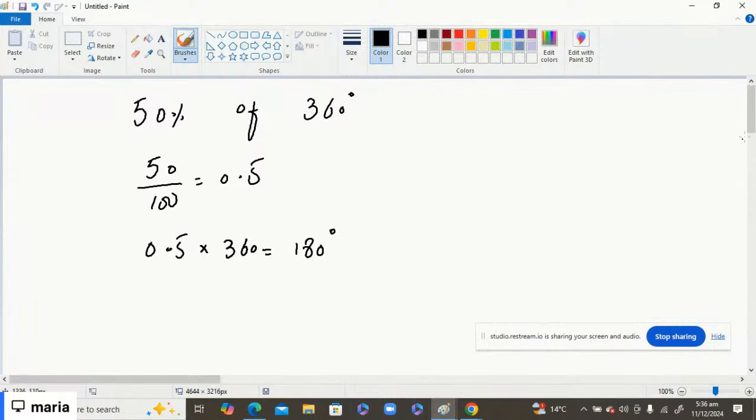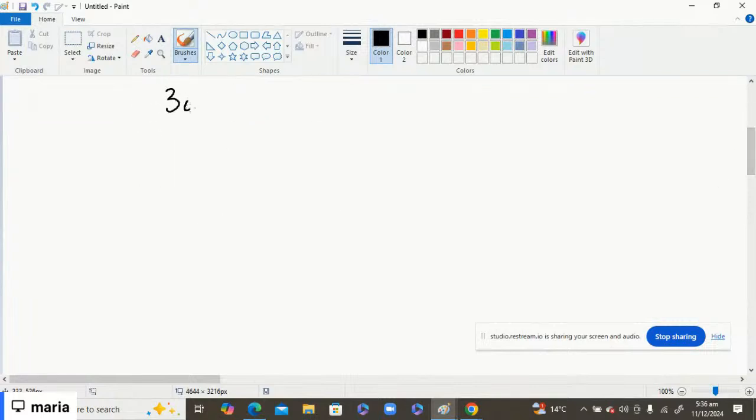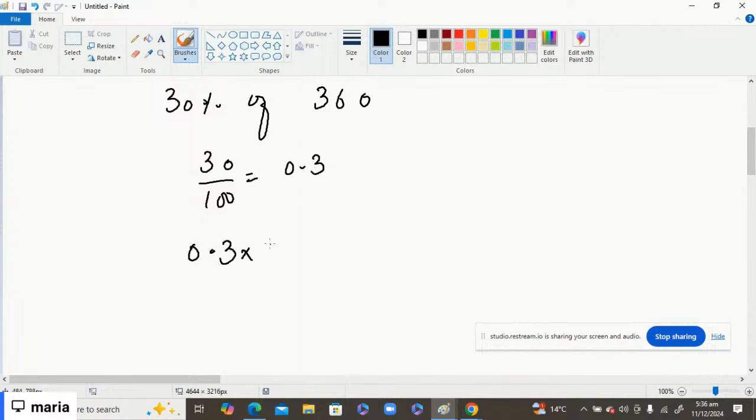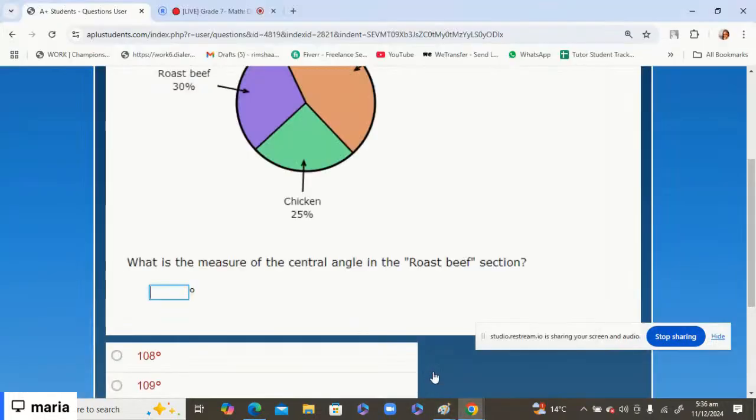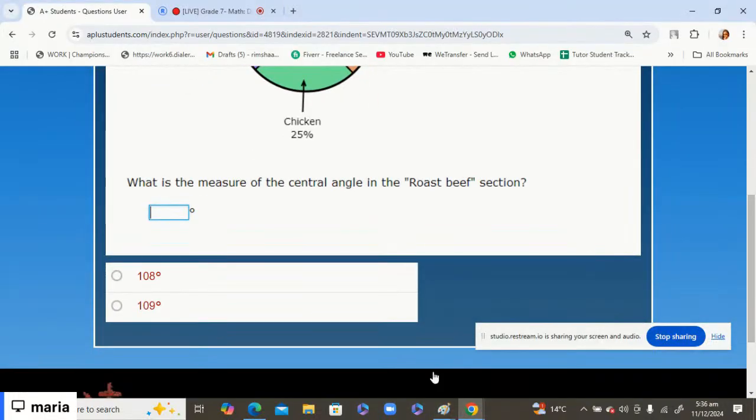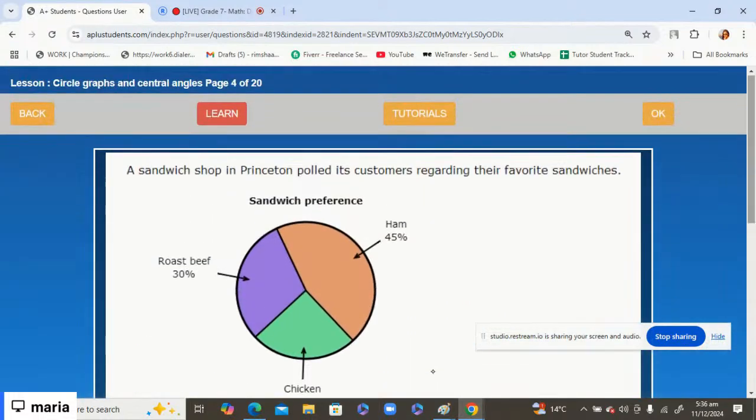So 30% of 360. 30 divided by 100 is 0.3, and then 0.3 is multiplied with 360. Let's check. When you multiply 0.3 with 360, that is 108 degrees. Is there any option for 108? Yes, it's here. So let's go with it.